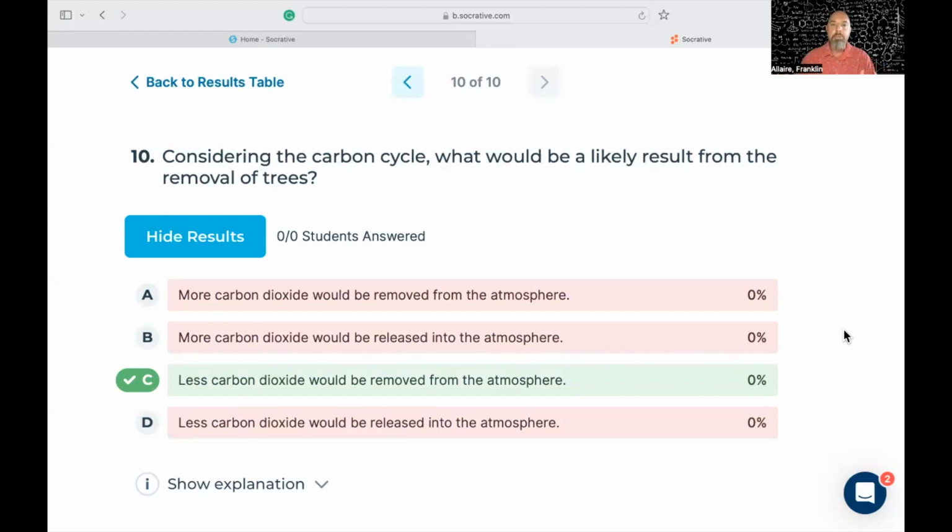And this is one of the problems that's happening with the human impact on the environment, is that we are removing plants, we are removing trees from the environment, which means that less carbon dioxide is being taken in, but at the same time, we are doing things that are putting more carbon dioxide into the atmosphere. So it's creating an imbalance in our atmosphere as far as the amount of carbon dioxide that's there.